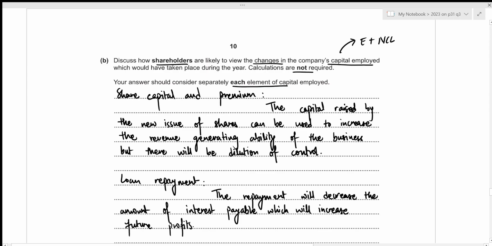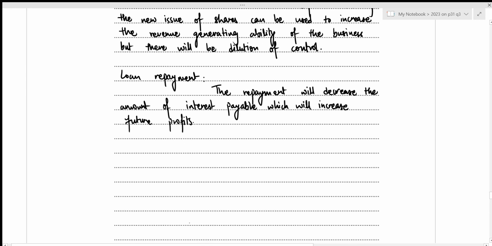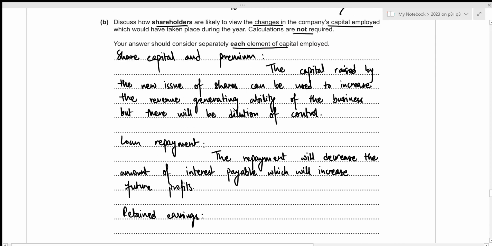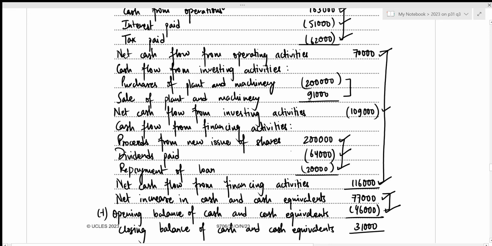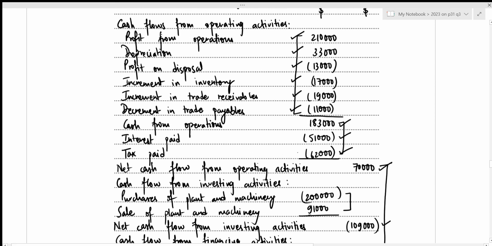Okay. Then we also made payment of dividends, and that will reduce our retained earnings, which is part of equity, so we can consider this as well. Okay, so the dividend paid was of 64,000, and we can compare this to our profit.